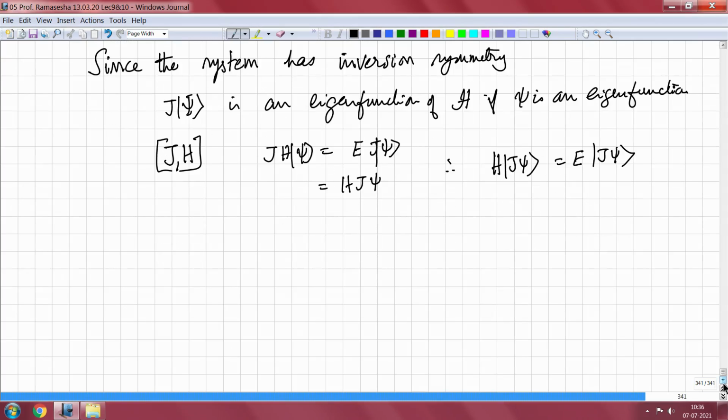Okay. Now let us see what happens to the band states when I operate by J on the Bloch states.